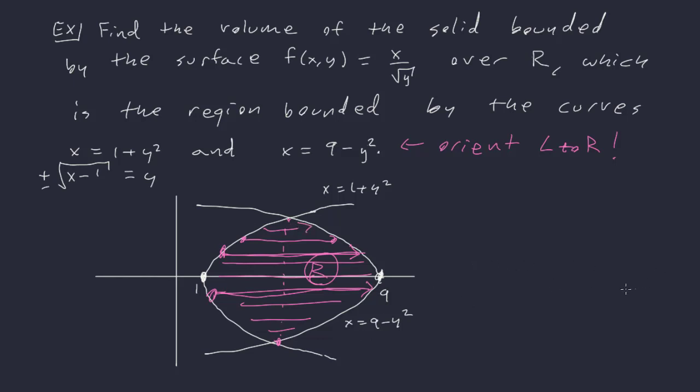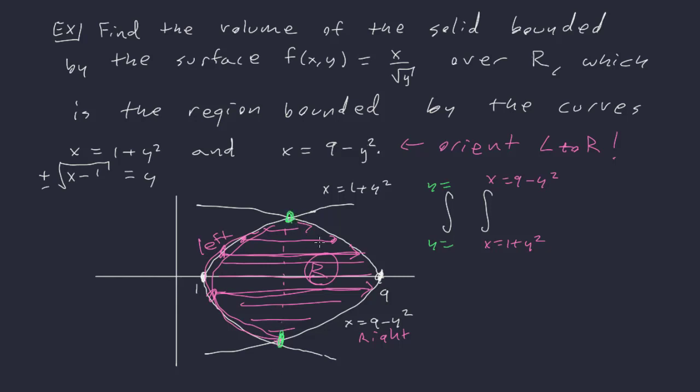So when we go to set up our integral, I'll leave the outside ones alone for just a second. What we're going to do is left to right. So our left is this guy here, that's the 1 plus y squared, and then the right is this guy here, the x equals 9 minus y squared. Okay, now how we find the y limits is, well, we want to see where these guys intersect.